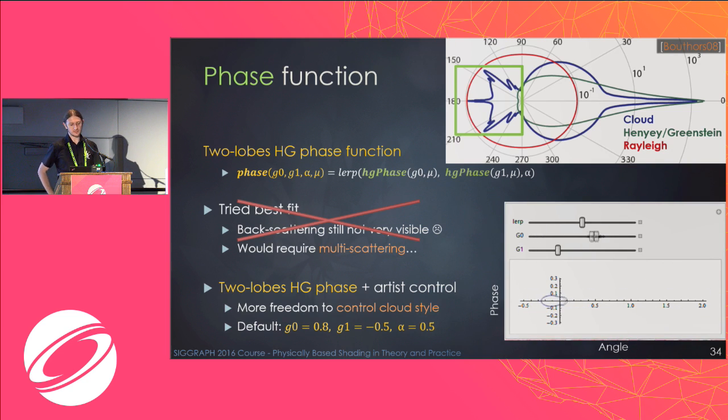It makes sense, because the blue cloud phase function you can see here is just one example for one distribution of particles and one distribution of radius for these particles. In the end, it can be more complex and different, so we prefer to give the control to the artist.